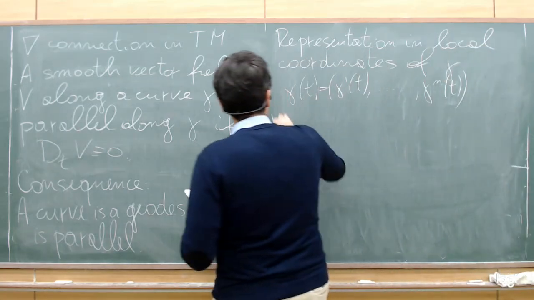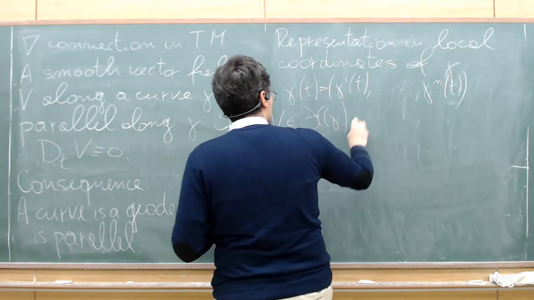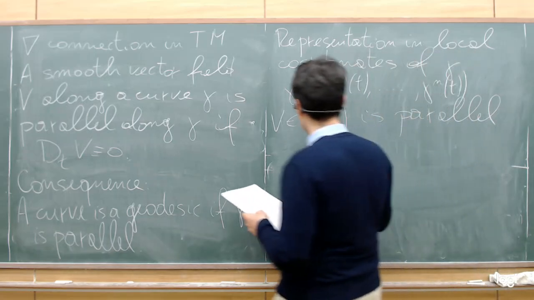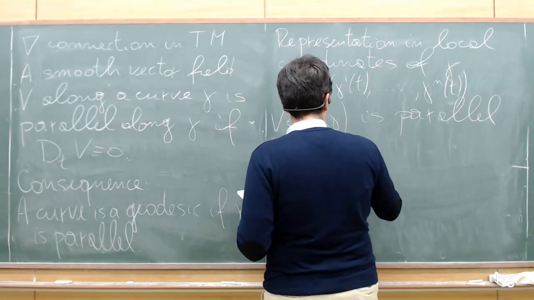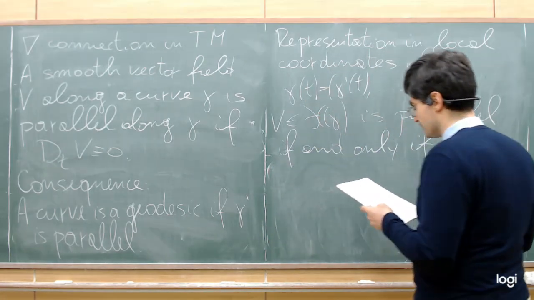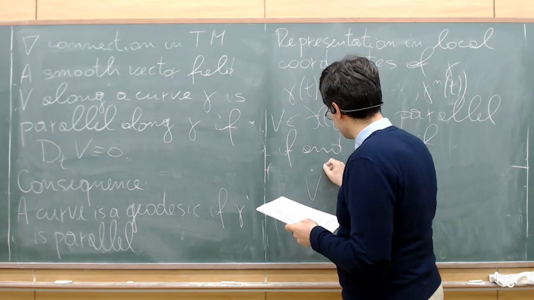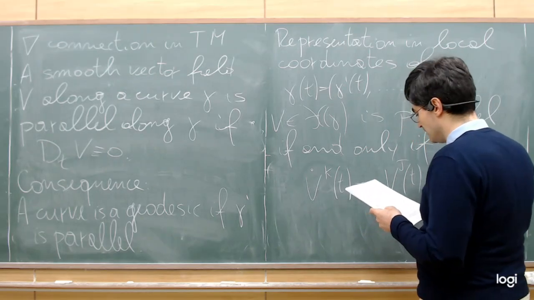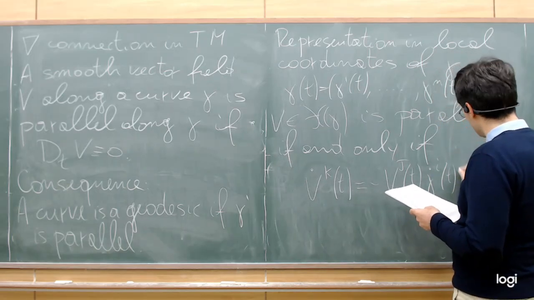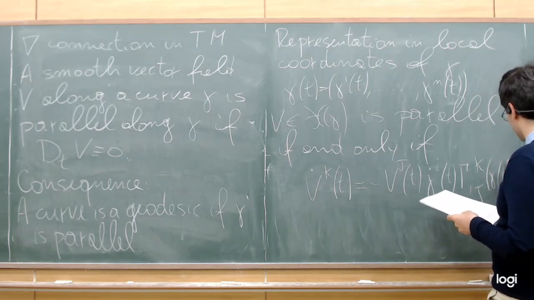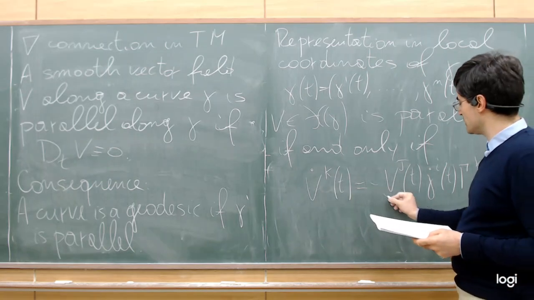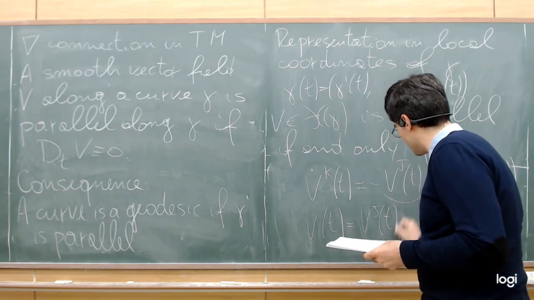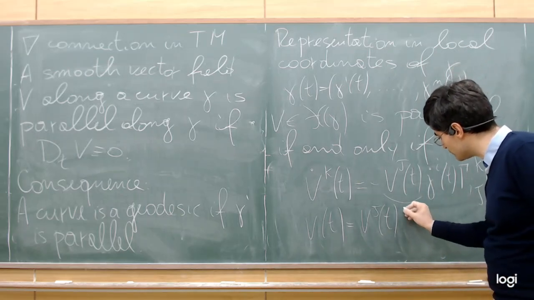Then V in T gamma is parallel along gamma if and only if V dot k(t) equals minus V^j(t) gamma dot^i(t) Gamma^k_ij at gamma(t), where the V^j are the component functions of V(t) with respect to the frame d_j.